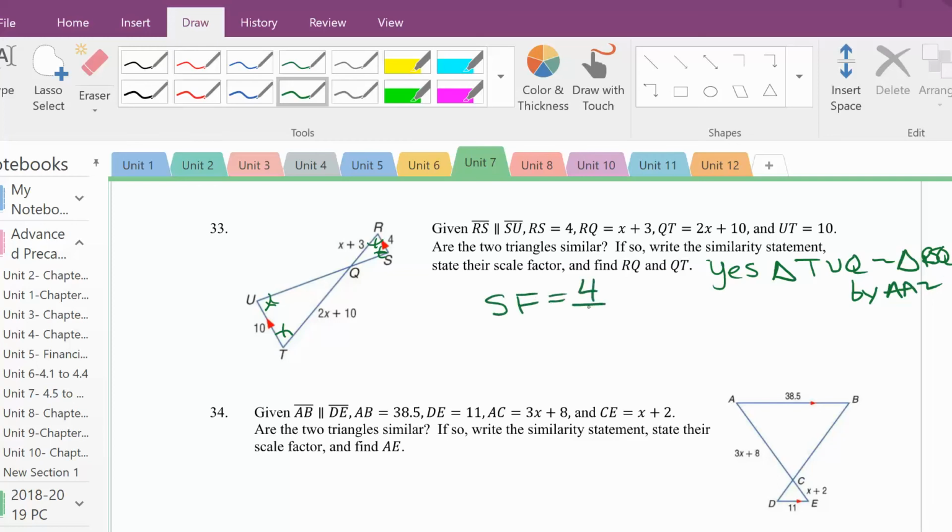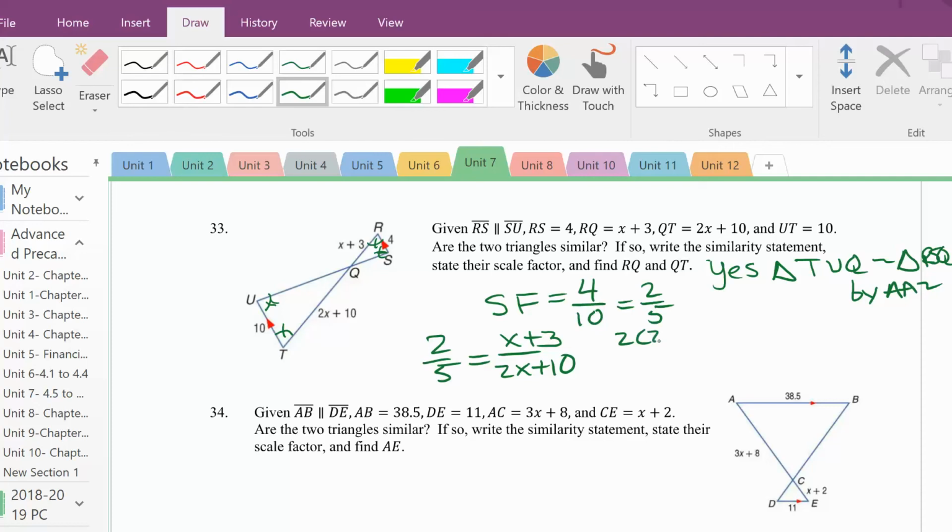The scale factor, well, 4 over 10 is equal to 2/5. So that's the scale factor. And then to find RQ, well, we have to find x. So 2/5 is equal to x plus 3 over 2x plus 10.